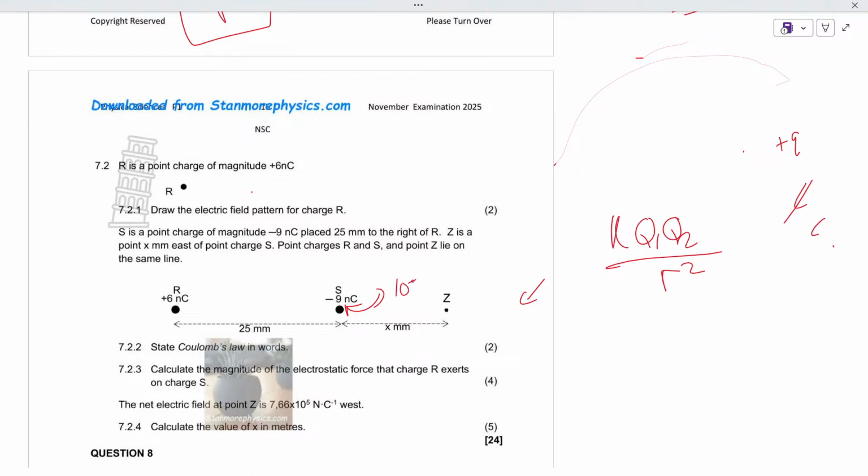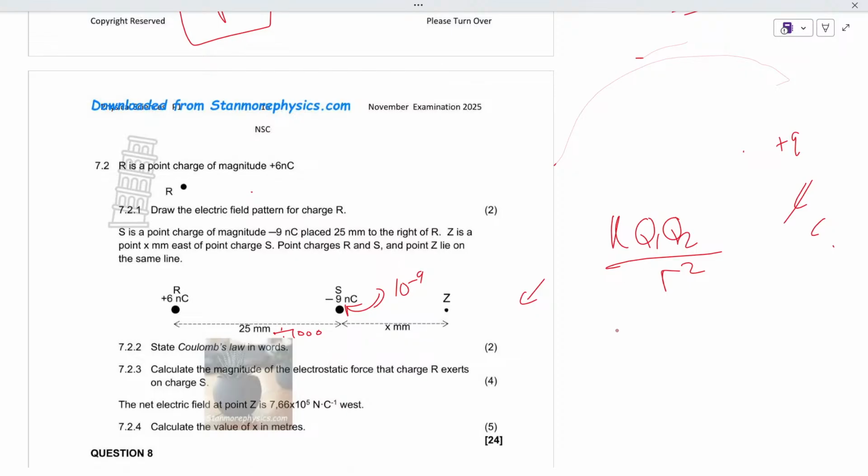It's very important, you must know that table. And the distance must always be in meters. If it comes in centimeters or millimeters, you have to convert to meters. To move from millimeters to meters, we divide by 1000. So we are ready to go now.